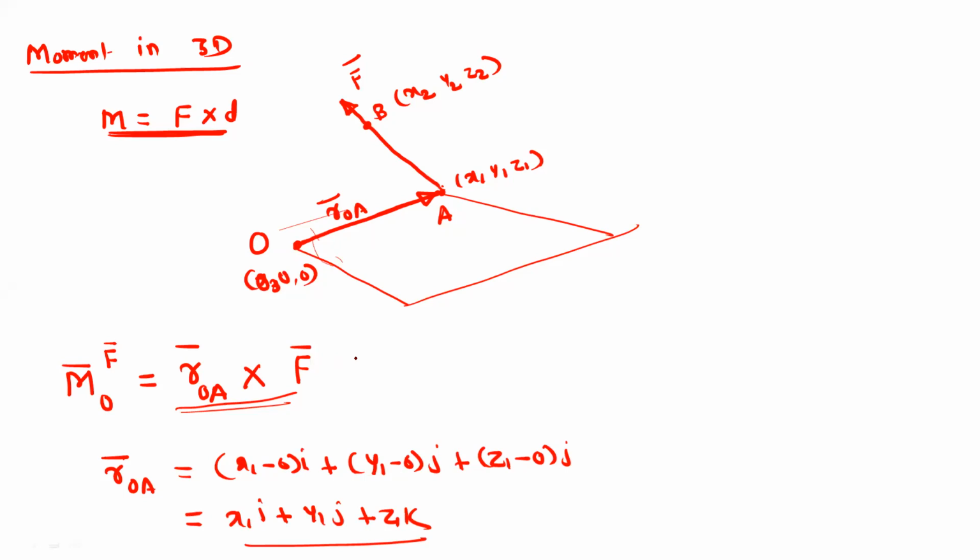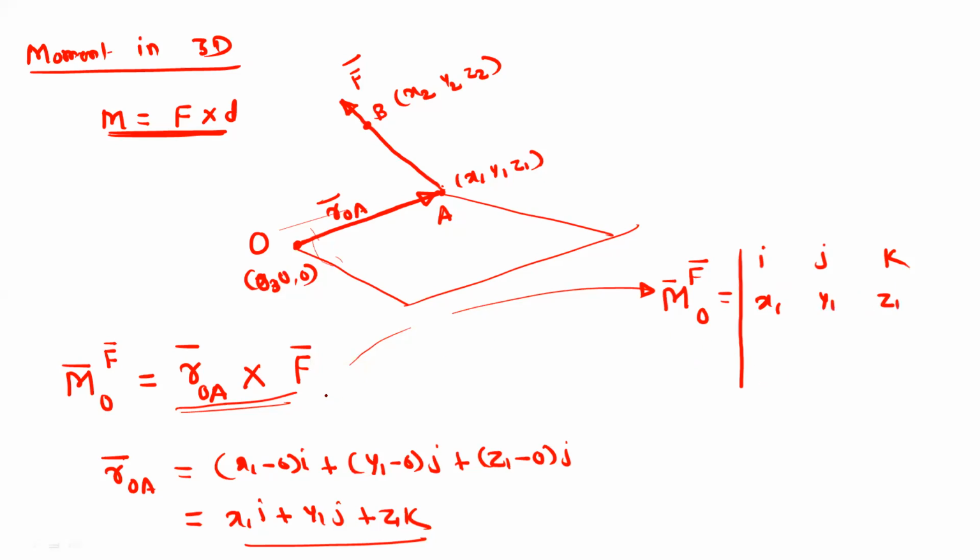And then this vector product is represented as a determinant. You must have studied this vector product and its representation as a determinant in your vector calculus. So these are the unit vectors in the direction of x, y, and z, that is i, j, k.